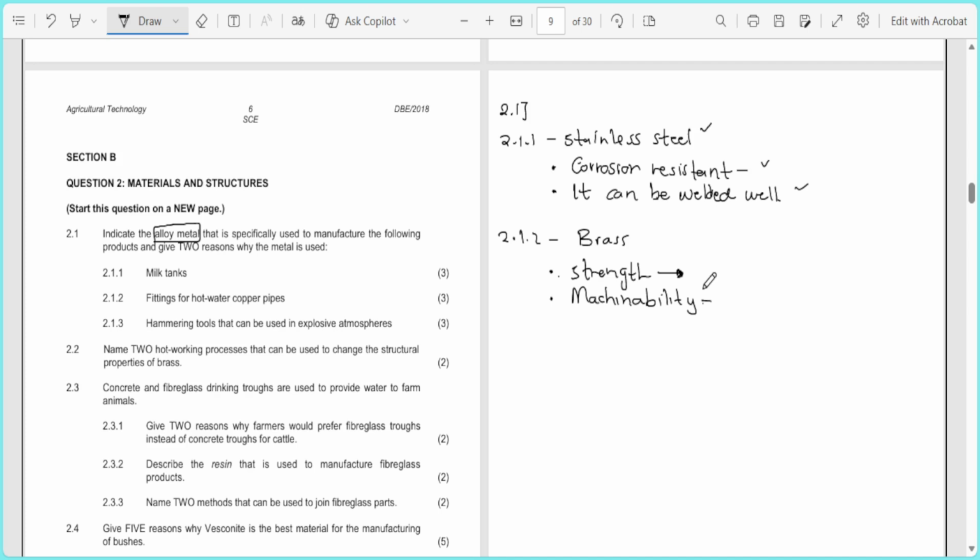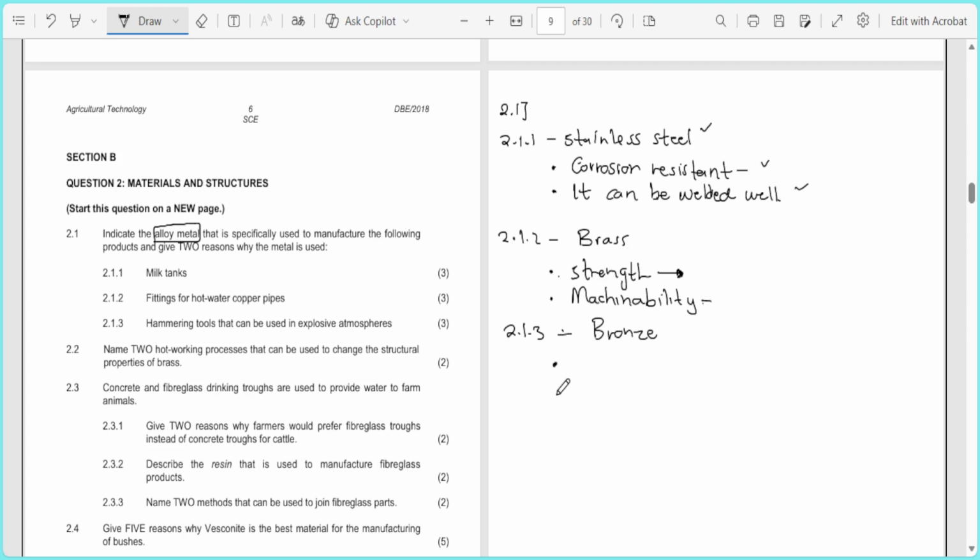Okay, so that is why brass is a better option. Now for 2.1.3, we have hammering tools that can be used in explosive atmospheres. I think bronze. Bronze is a better option.